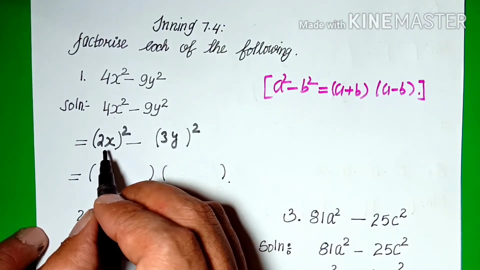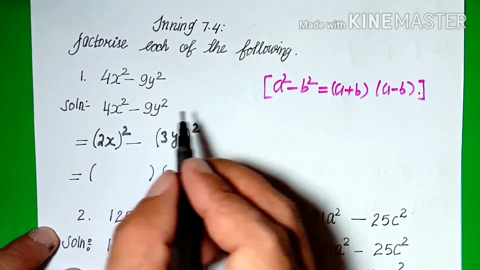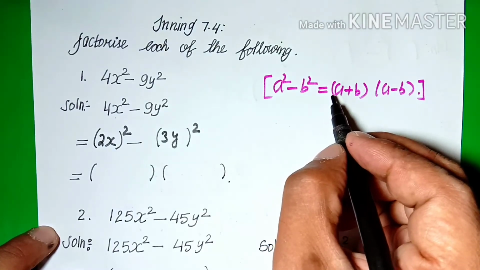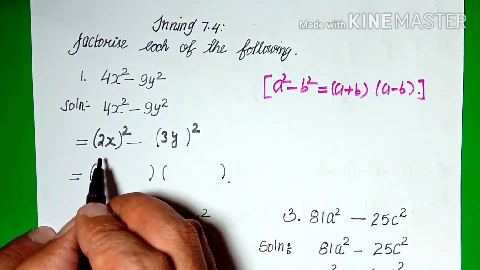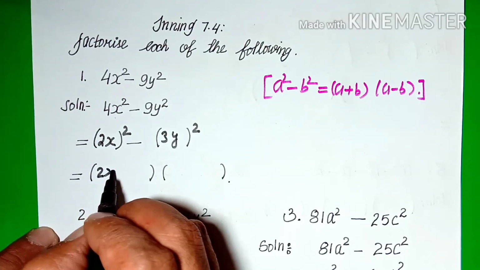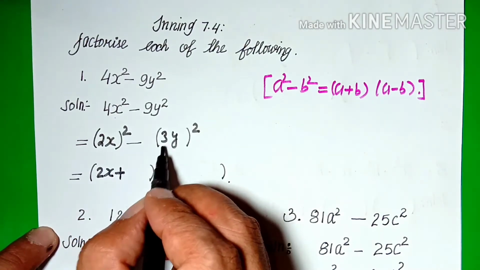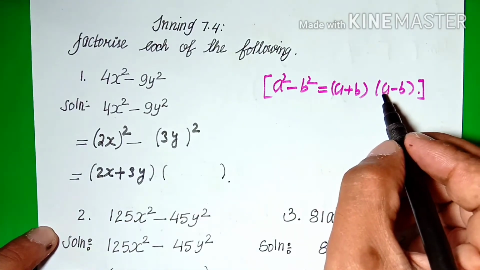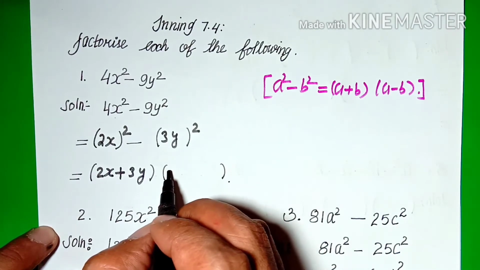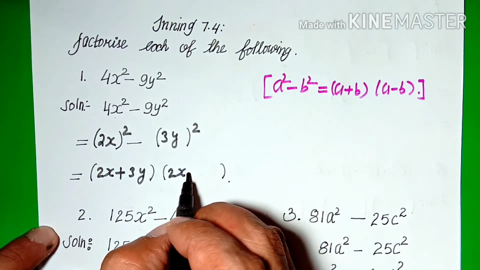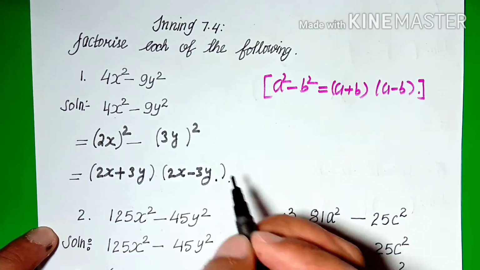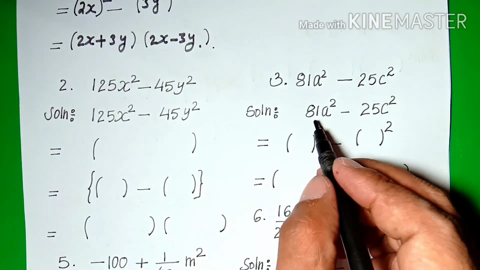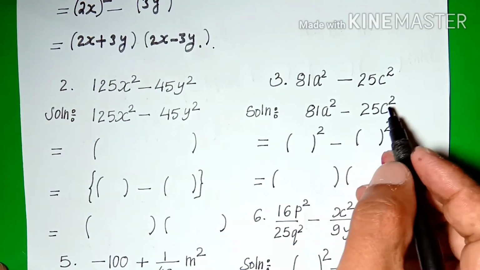That is how I've converted the given two terms into the form a² − b². So a + b is 2x + 3y, and a − b is 2x − 3y.